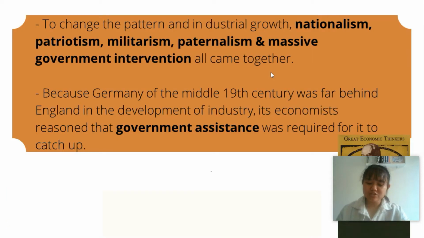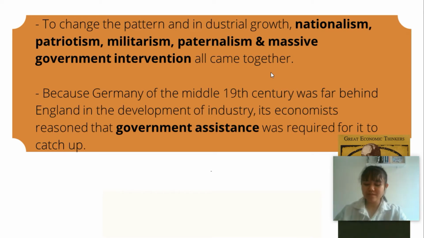Germany also gave birth to the historical school. It was divided, weak and primarily agricultural. These situations led to the incorporation of the spirit of nationalism, patriotism, militarism, paternalism, and massive government intervention to change the pattern of industrial growth.